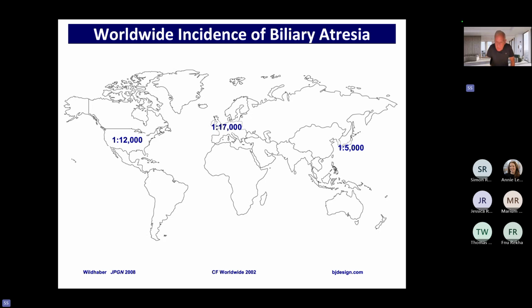It is much more common in Asia, particularly in Japan. The incidence is 1 in 5,000 live births. That compares to the incidence in Europe and the United States, which is anywhere from 1/2 to 1/4 as frequent.